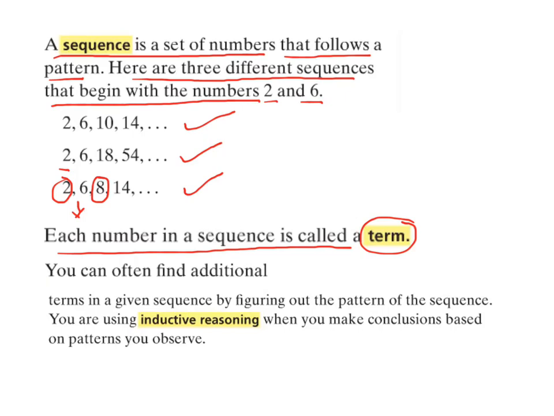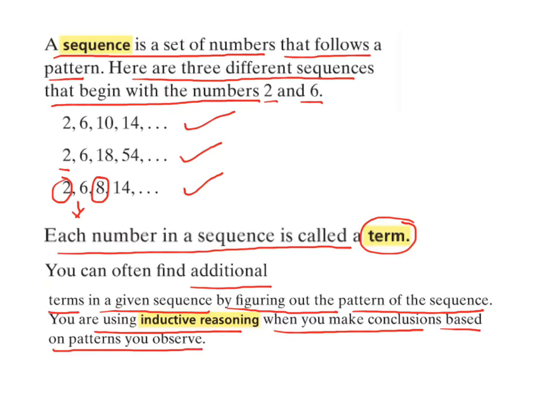You can often find additional terms in a given sequence by figuring out the pattern of the sequence. You are using inductive reasoning when you make conclusions based on patterns you observe.